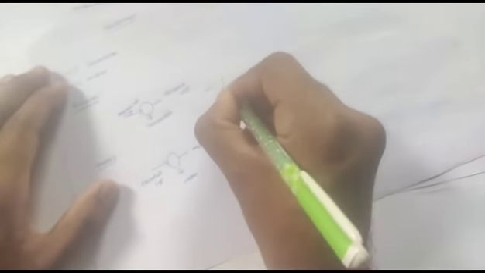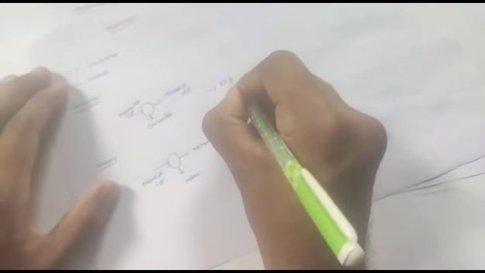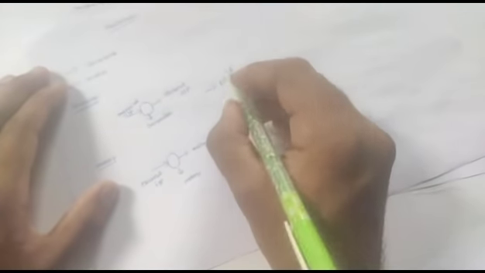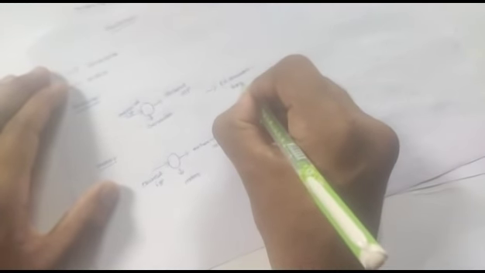For example, the generators are like a DC generator and dynamo.